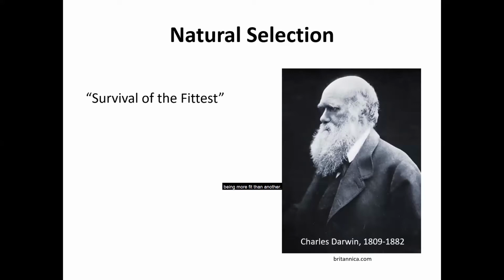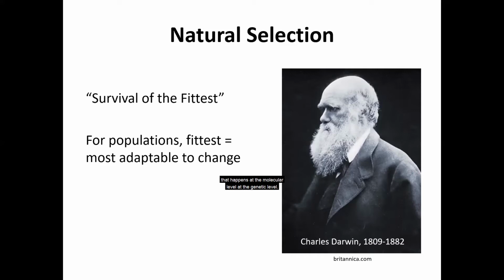Most people have heard of the concept of the survival of the fittest, and the one thing that I'll challenge you to do tonight is to take that from an individual level, where you think of an individual being more fit than another, and think about this as a population. Whether we have a natural population or an artificial farm flock population, it's still a population. And at the population level, the fittest is the population that's most adaptable to change.